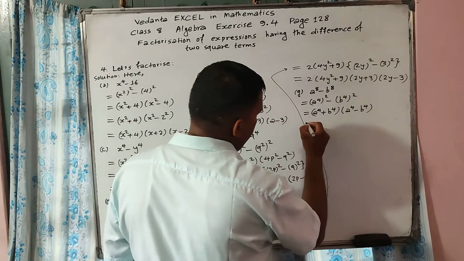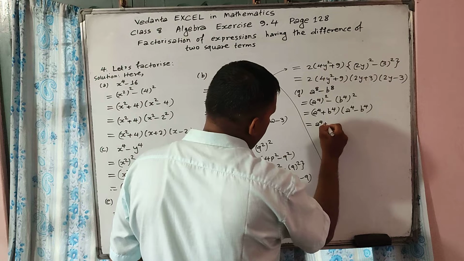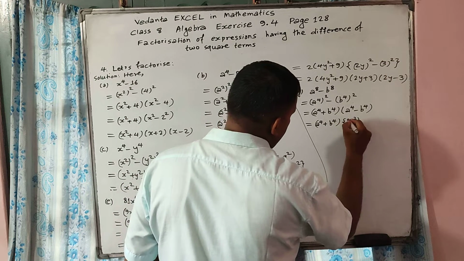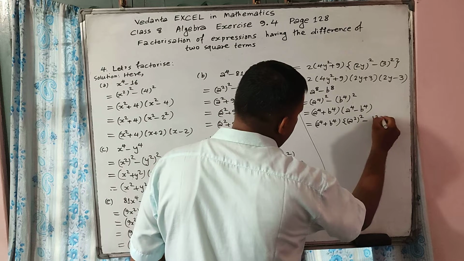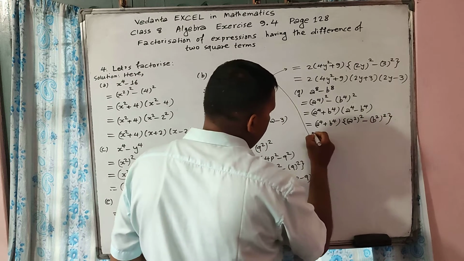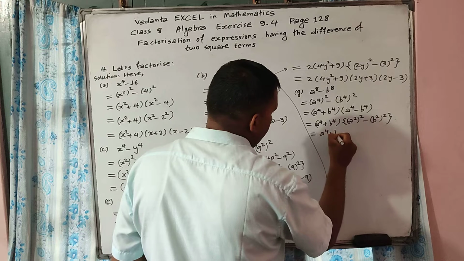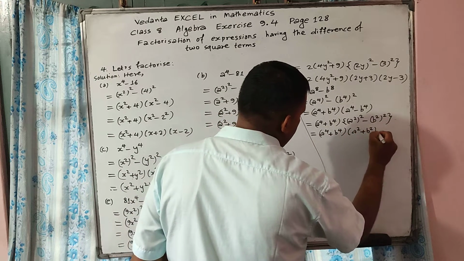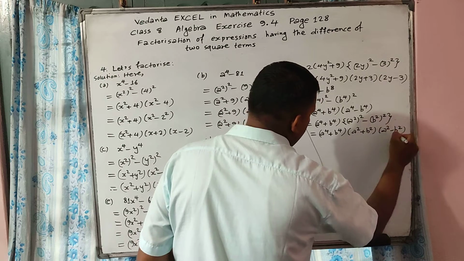Then this is equal to (a to the power 4 plus b to the power 4) into (a square) whole square minus (b square) whole square, equal to (a to the power 4 plus b to the power 4) into (a square plus b square) into (a square minus b square).